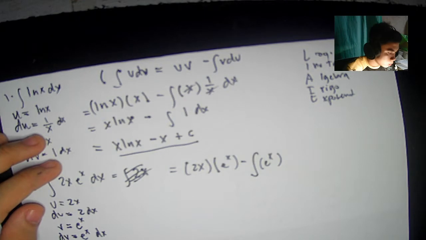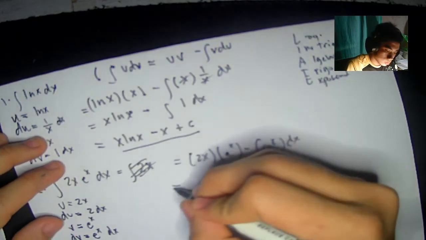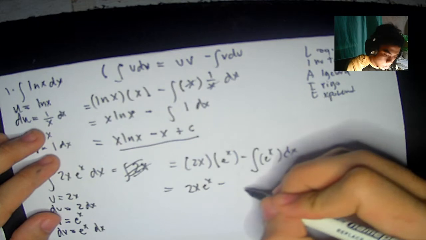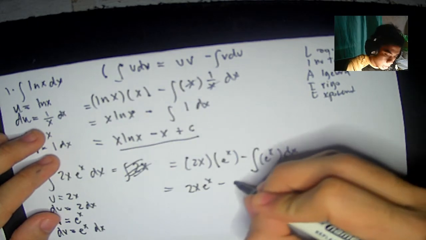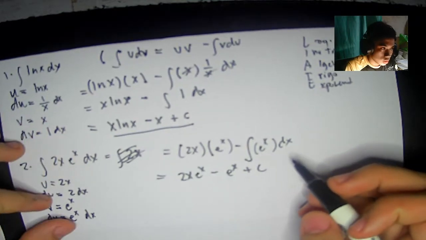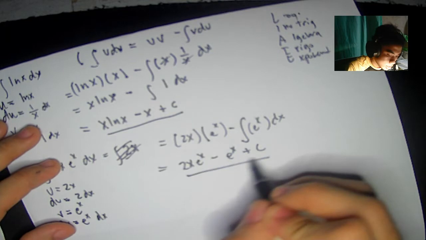So the du is equals to 2 dx. So what we'll have here is 2x ex minus, negative ex plus c, your constant. So that's it. That's how easy it is. So answer.